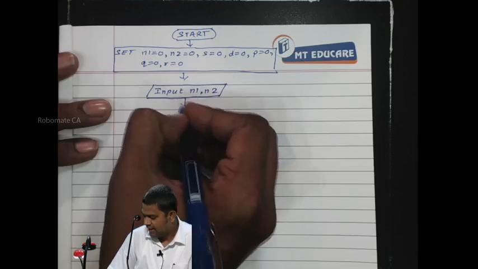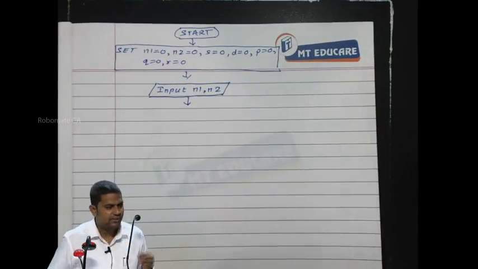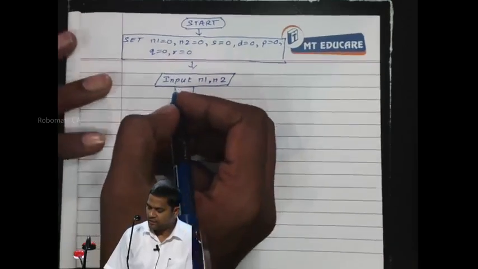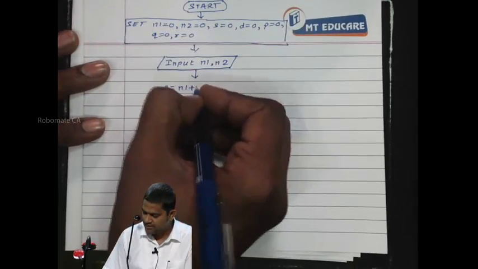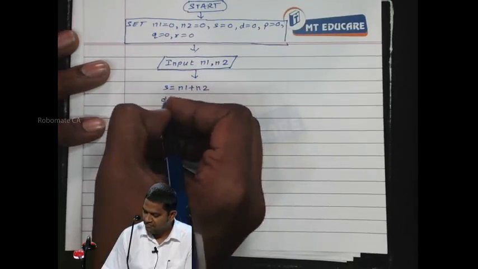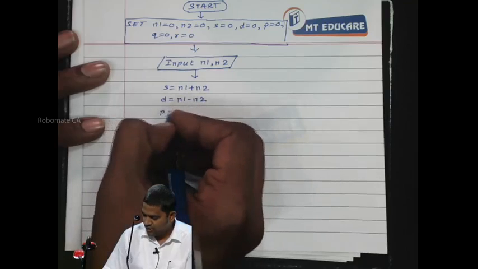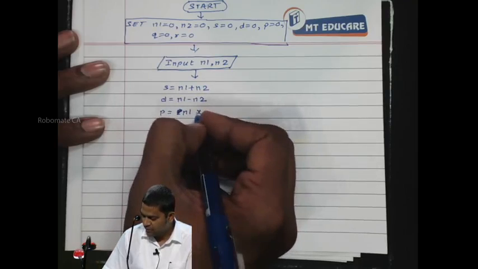Once N1 and N2 is ready, I can start the calculations, means I can start the processing. Now I need not explain, this is basic mathematics. Sum equal to N1 plus N2, difference equal to N1 minus N2, product equal to N1 into N2, asterisk sign.